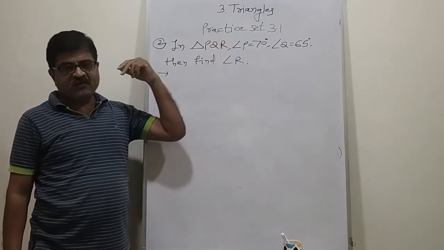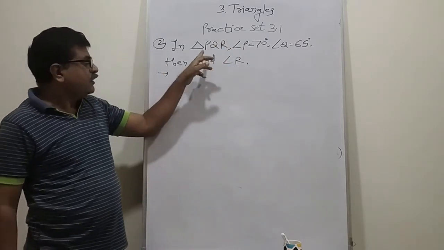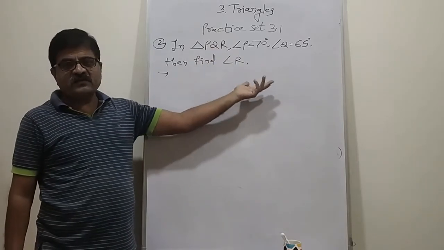Now which property do we have to use here? The sum of all angles of a triangle is 180 degrees.